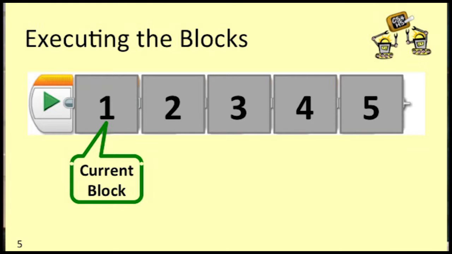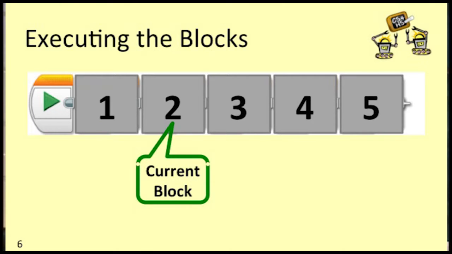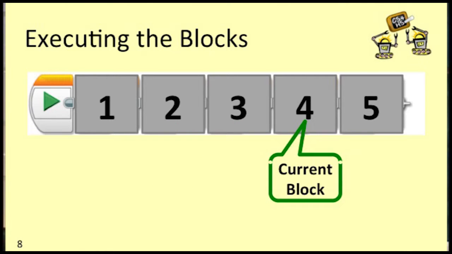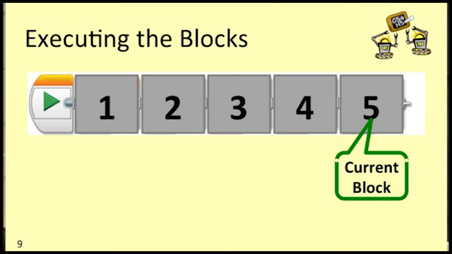You should imagine that the EV3 points an arrow at the block it's currently executing. When it's finished executing the current block, it moves on to the next one. And when it's finished that one, it moves on to the next. And it continues executing block after block until it completes all the blocks in order.